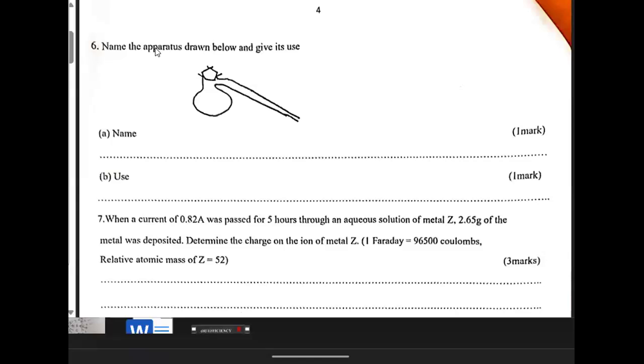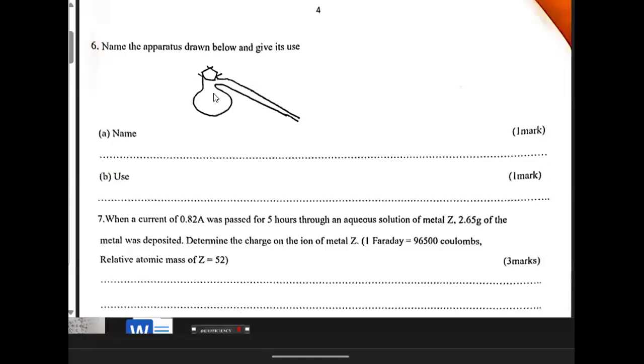Question number 6: that apparatus is the one that is used to make the nitric 5 acid, just what I've explained. It is called a retort flask. It is used to prepare nitric 5 acid in the laboratory. Reason: it is a special glass that is very hard. It is specifically for making nitric 5 acid because it is highly corrosive.